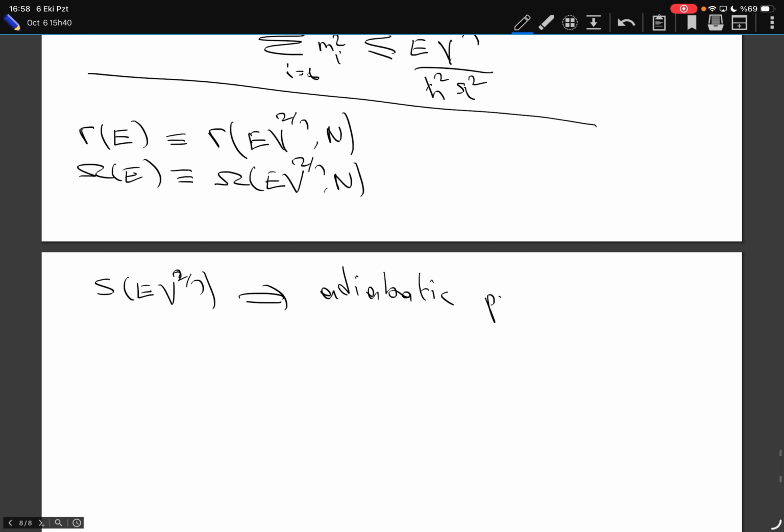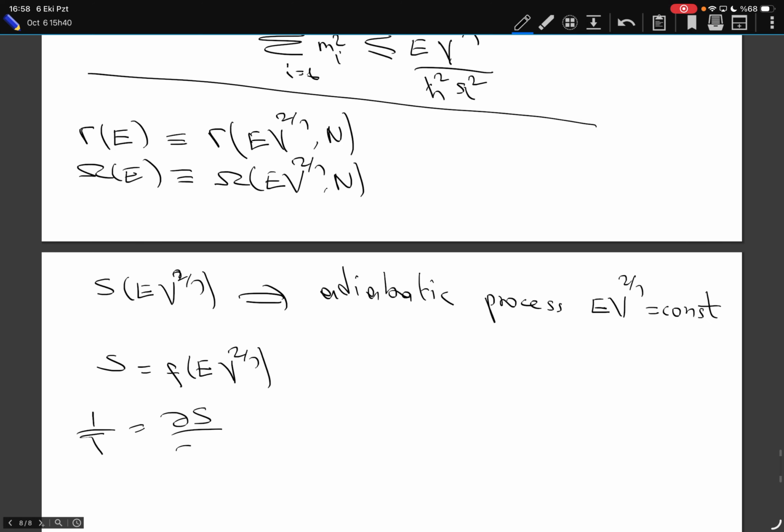Well, let's say that S is some function of E times v to the 2/3. I'm assuming n to be constant throughout this analysis, and I'm not changing n, so I will not be differentiating with respect to n, etc. Well, 1 over T is the derivative of entropy with respect to E, which is just F prime evaluated at E times v to the power 2/3, times v to the 2/3.